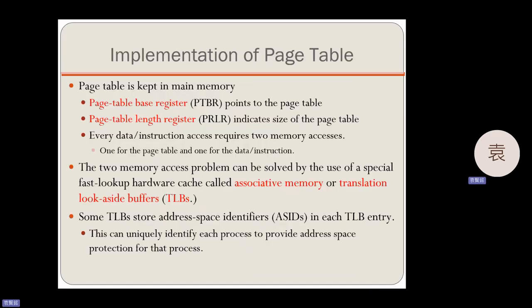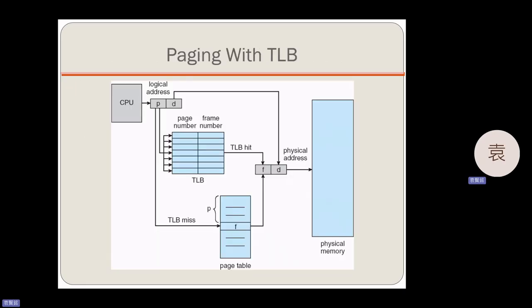Then we go back to the two memory accesses: we go to the page table in memory and use P as an index to retrieve the frame number F, and then the real physical address will go out.